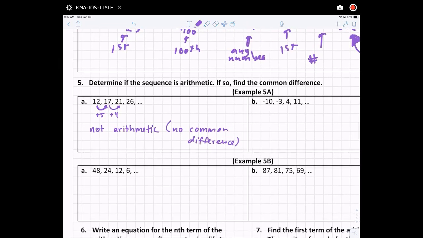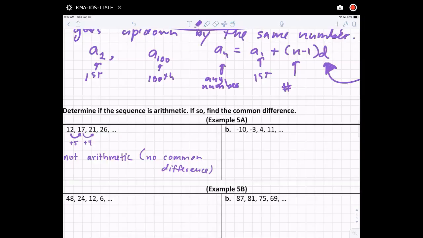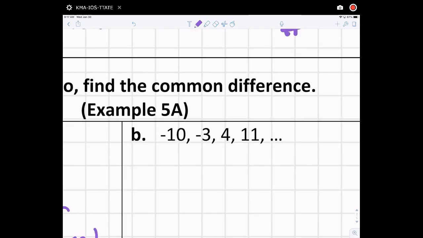Alright, let's check out 5b. From -10 to -3, how much am I going up or down? We're going up 7, so that's a plus 7. In my head I'm thinking, well, I better get plus 7 to the next one. And I believe we do here, right?